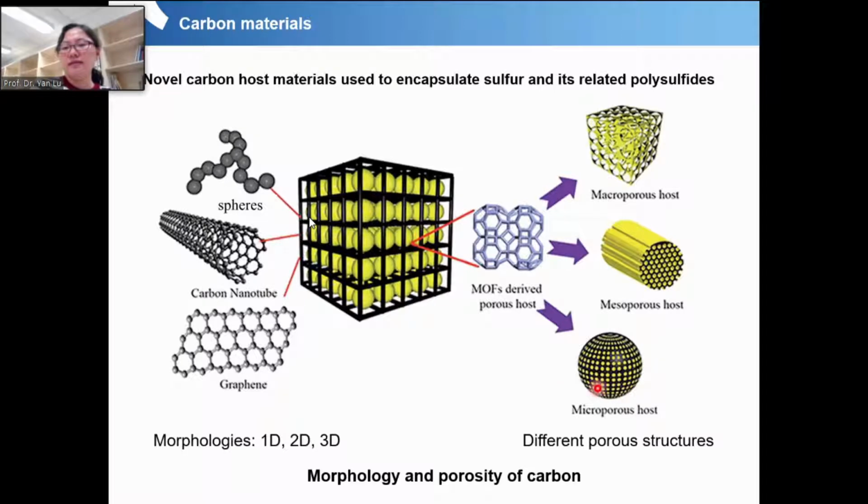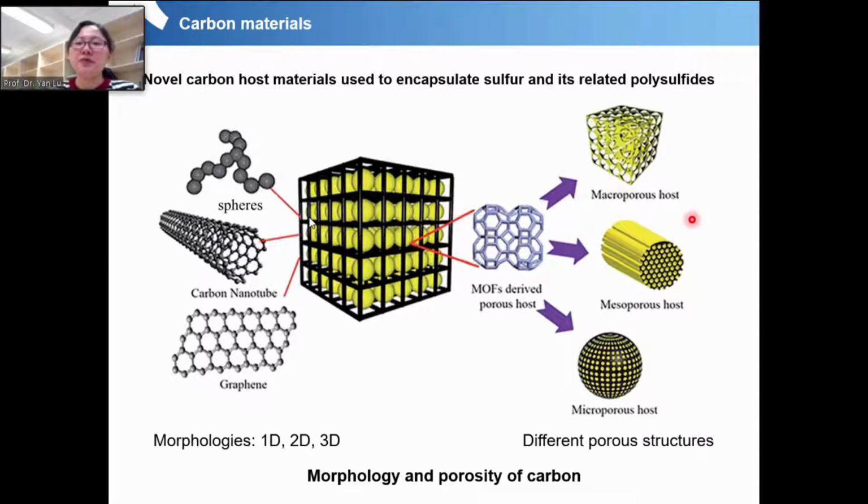On the other side, the porosity of the carbon can also play a good role as a cathode. You can combine different porosities of carbon, for example macroporous, mesoporous or even microporous hosts, depending on the system.